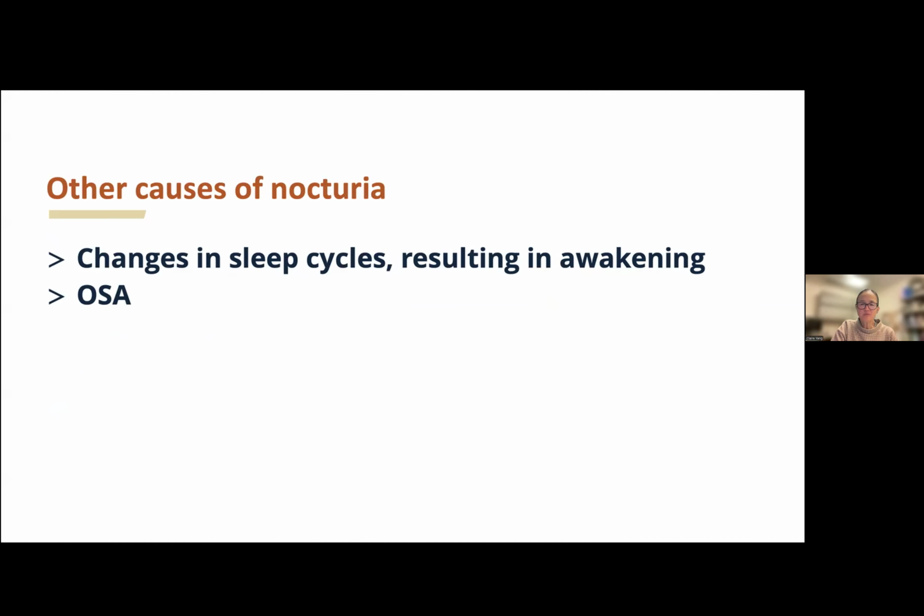Many people report that they woke up because they felt like they had to pee. But if you really query them, you find out they're just awake, and they said, well, since I'm awake, I might as well go pee. So that's a reason for nocturia, but it isn't directly related to increased urine production.